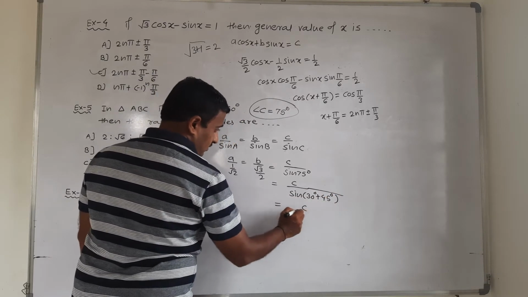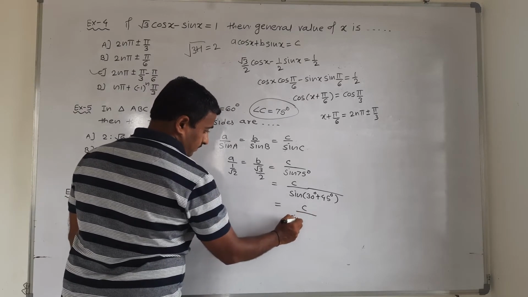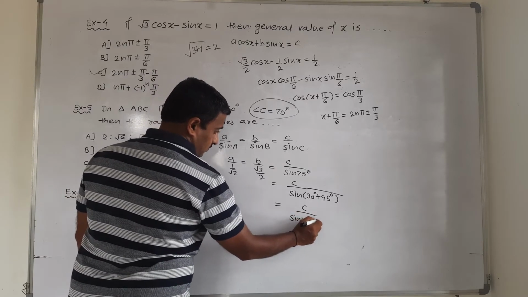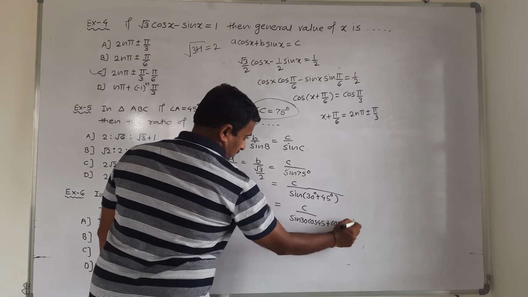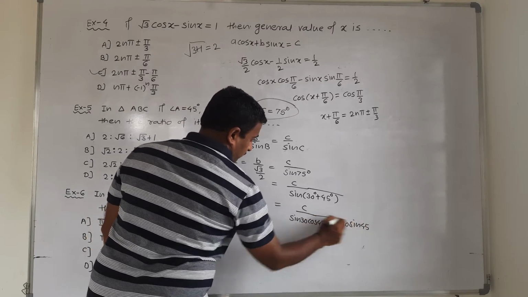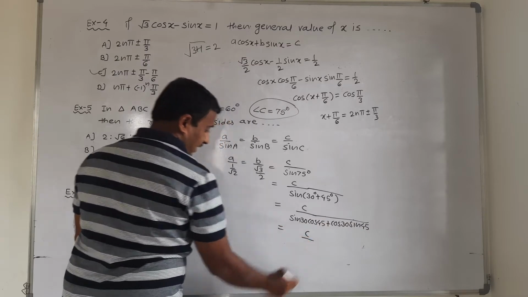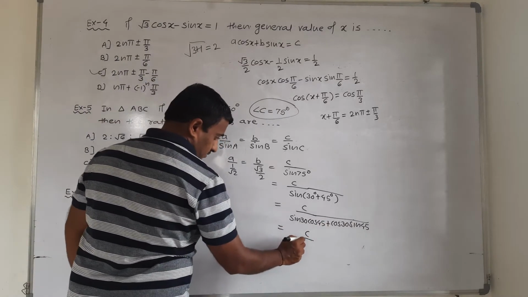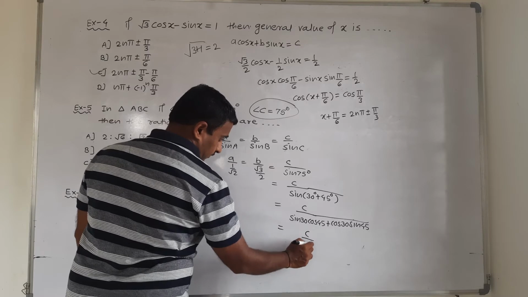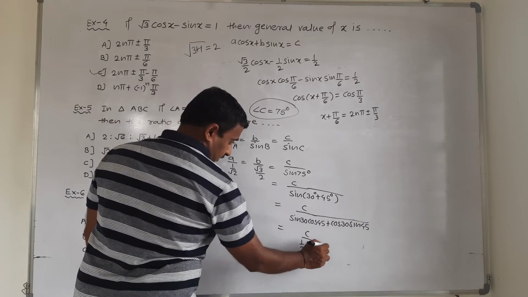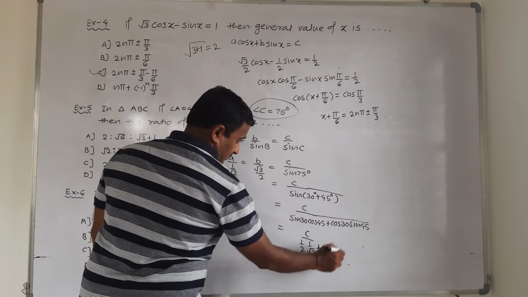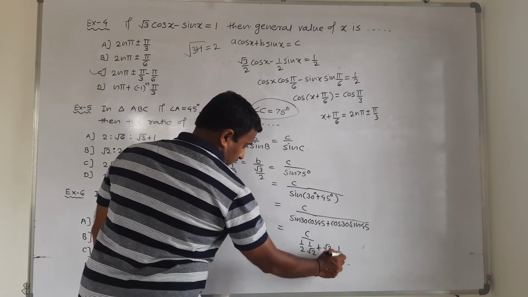Now C upon sine 30 cos 45 plus cos 30 sine 45, this is just formula. Sine 30 it is 1 by 2, cos 45 1 by root 2, then plus cos 30 it is root 3 by 2 and sine 45 1 by root 2.